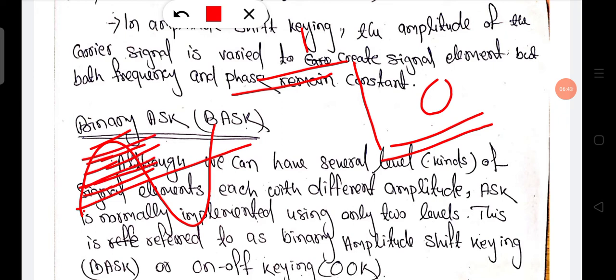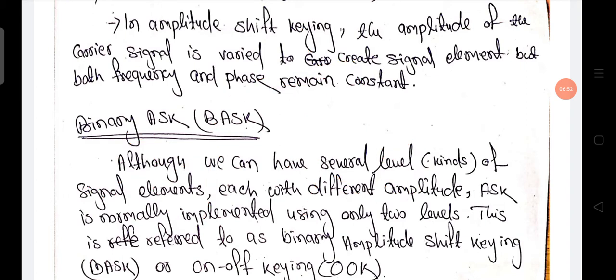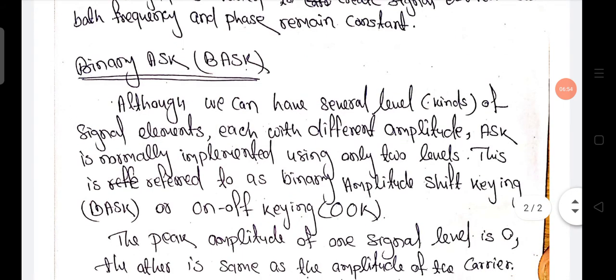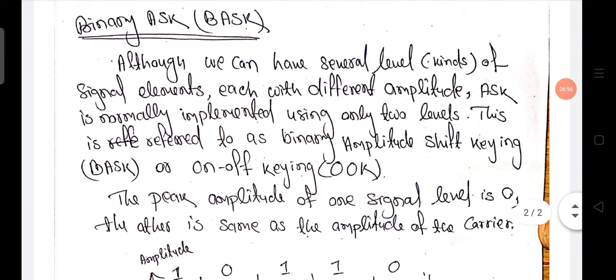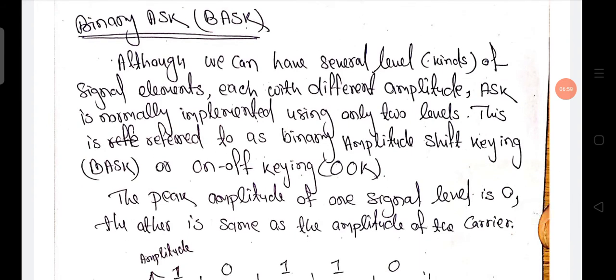But in BASK we use only two levels of voltage. BASK is also called on-off keying.